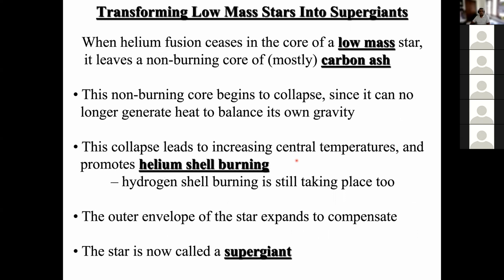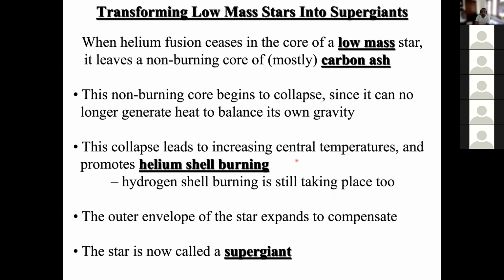Right? Now for these low mass stars, when helium fusion ceases, it leaves a non-burning core of carbon ash. Which means you had helium burn into carbon, and now you have carbon ash at the central region of these low mass stars.